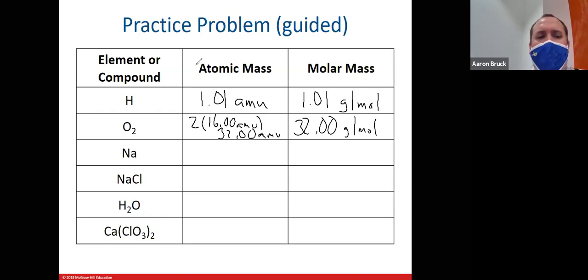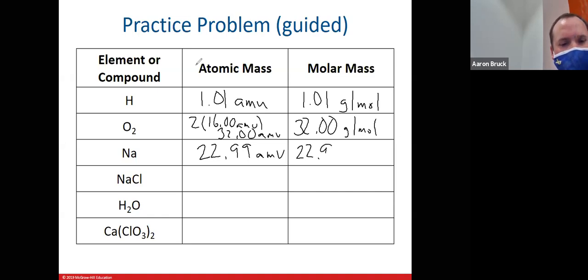So every single mole of oxygen molecules is going to weigh 32 grams. Sodium, if I look at the periodic table, I get an atomic mass of sodium at 22.99 AMUs. One mole of sodium will weigh 22.99 grams per mole.